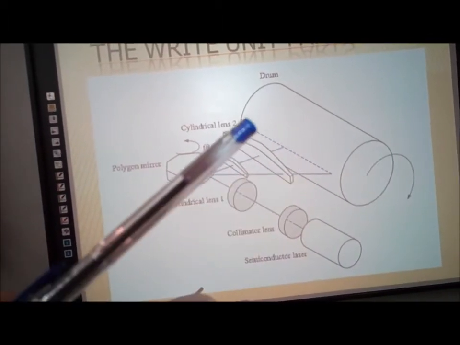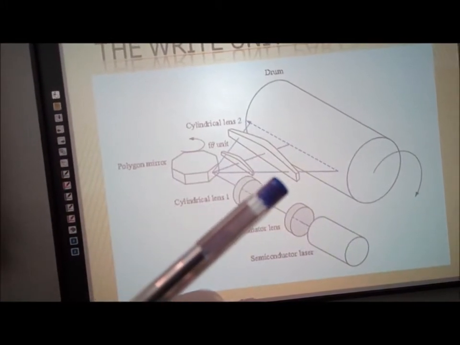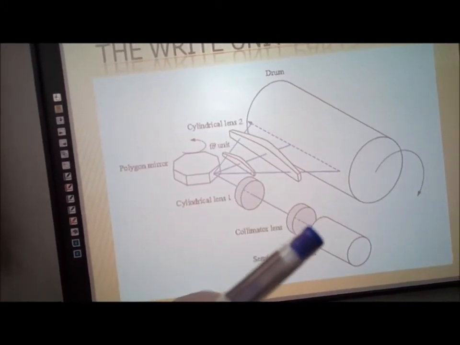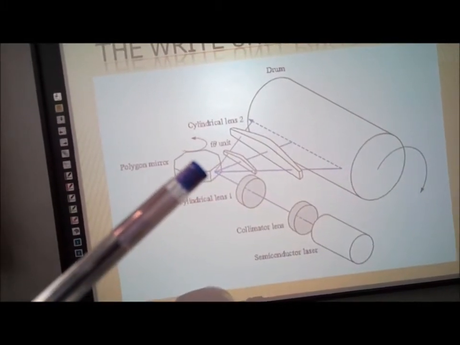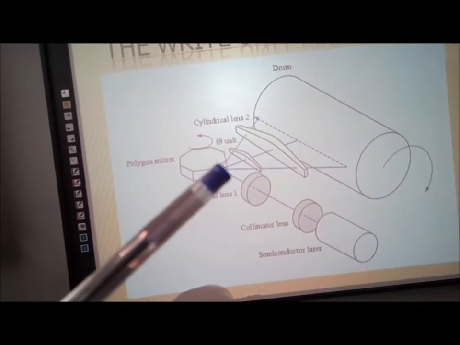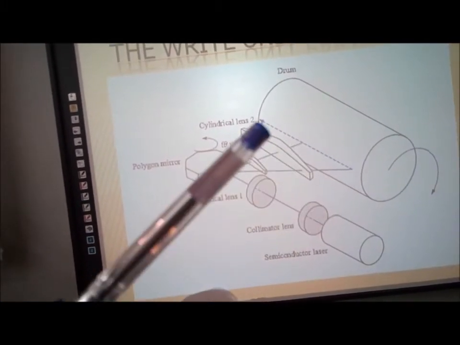The blue color is the laser light. You can see that the laser light goes to the polygon mirror and is reflected to the photoreceptor or the drum.